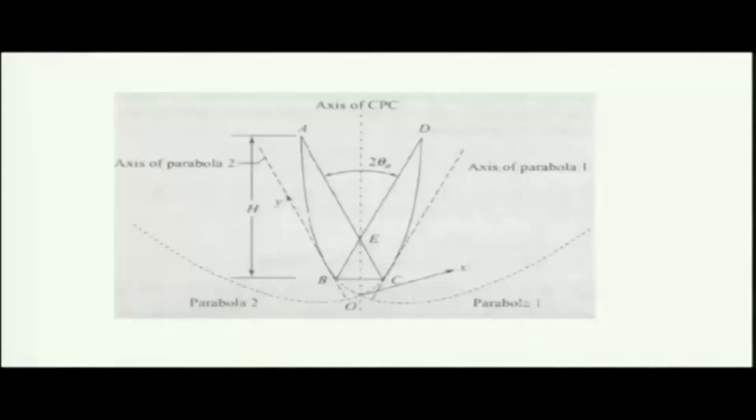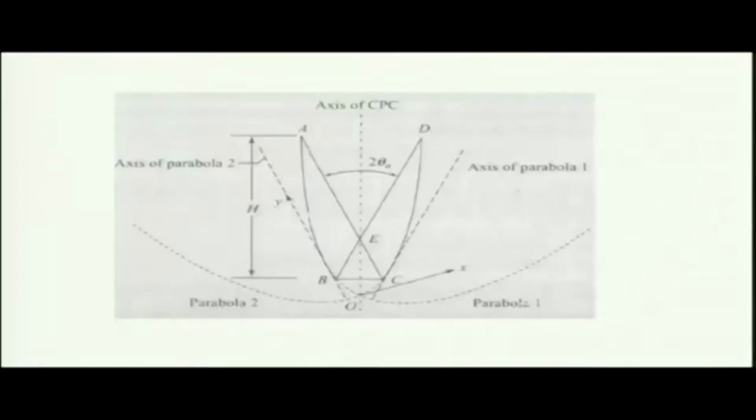Okay. Next thing we are going to look at is the other concentrating collectors. Okay. Parabolic trough and flat plate collectors. Flat plate collector is the most common non-concentrated version of solar heat collector, and for the concentrated ones, parabolic trough is the most commonly used geometry. Okay.